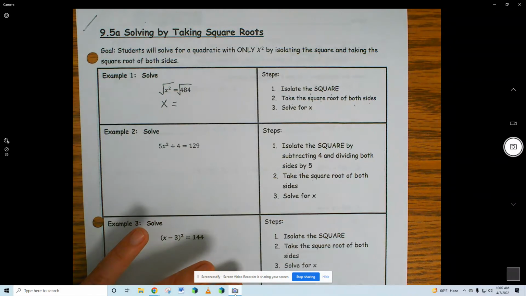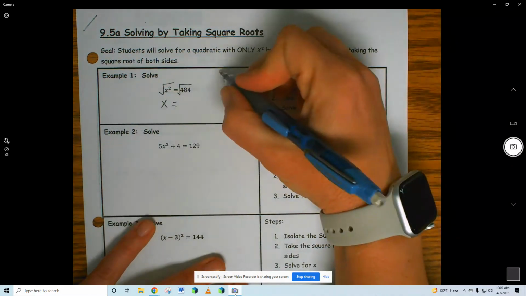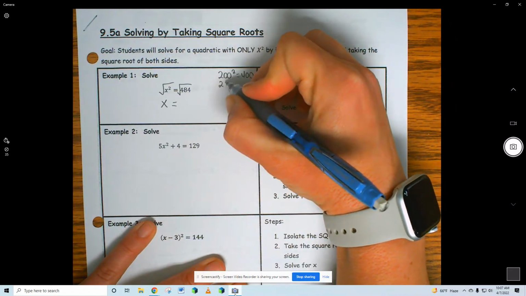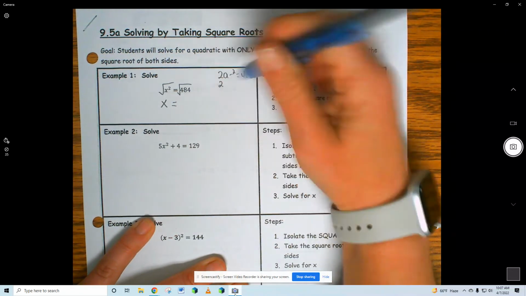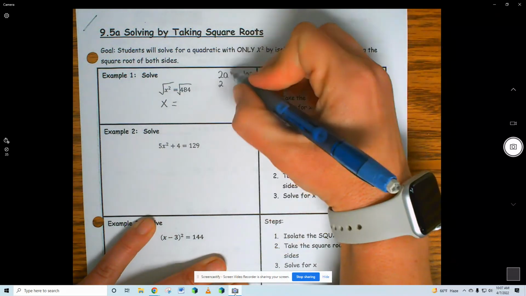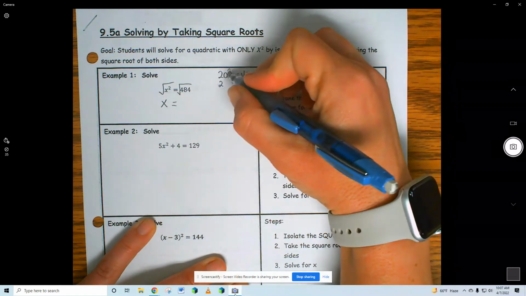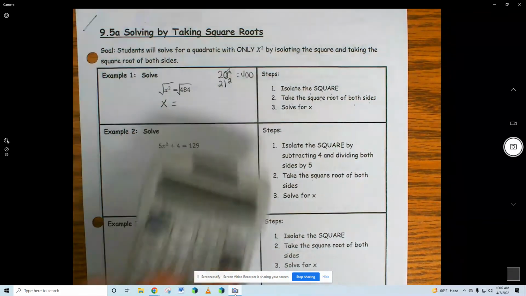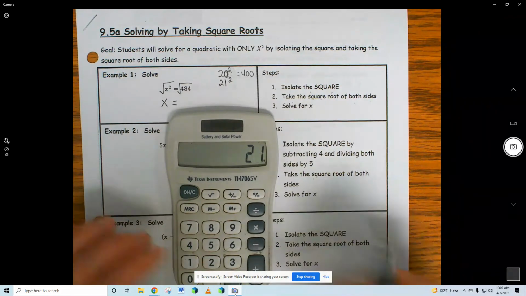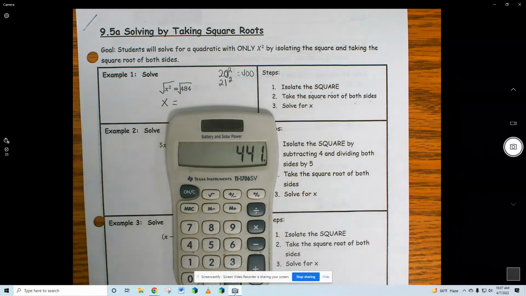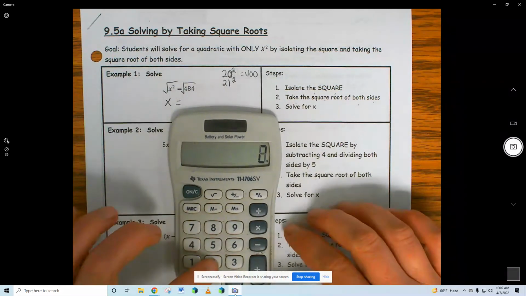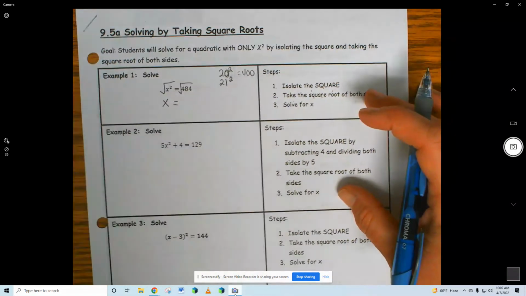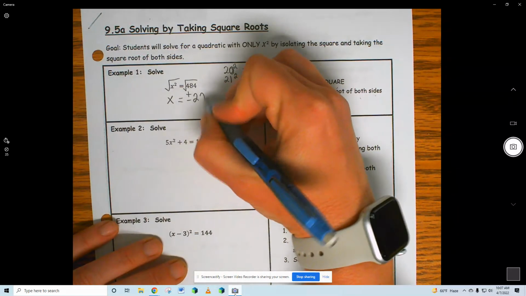Well, guess what? 20 squared is 400. 21 squared is 441. 22 squared is 484. So it's plus or minus 22.